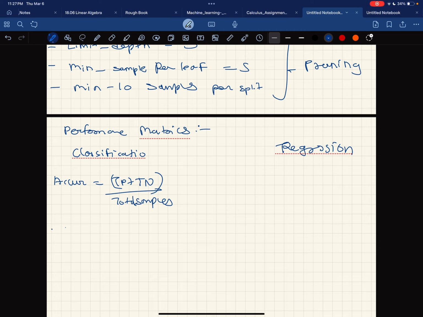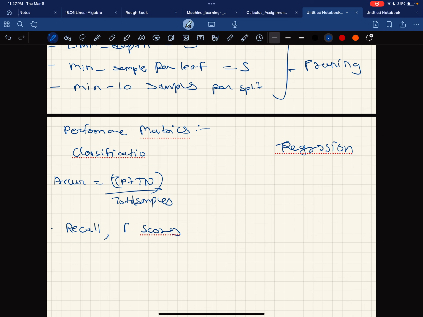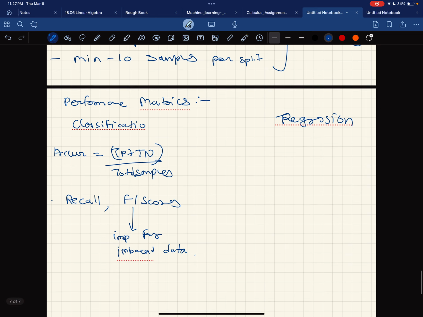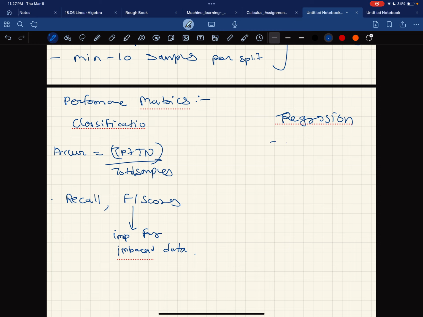We also use some metrics such as recall or F1 score. F1 score is important for imbalanced data. And for regression tree, we generally calculate mean square error and R square. That's basically it.